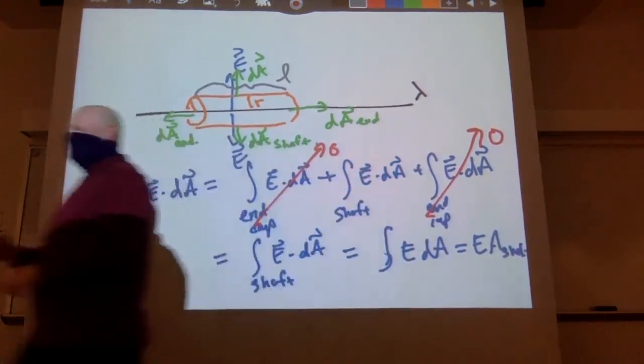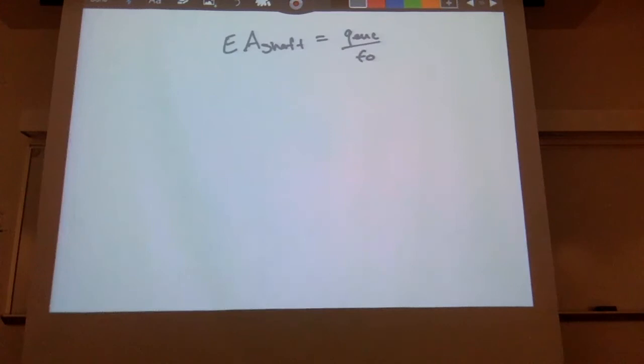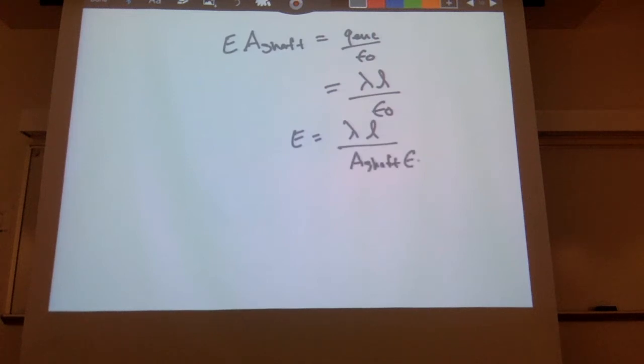That's it. So Q enclosed is the line charge density times the length. So finally, this tells me that the electric field is equal to lambda times L divided by the area of the shaft times epsilon naught.